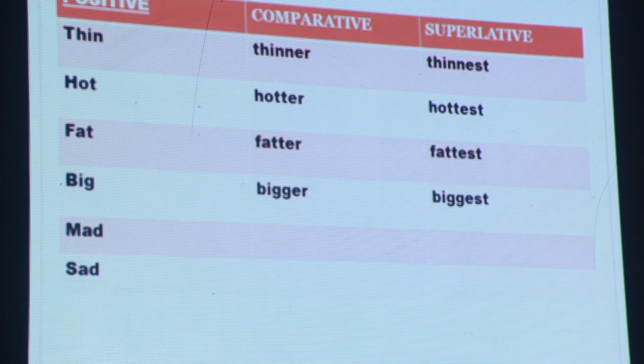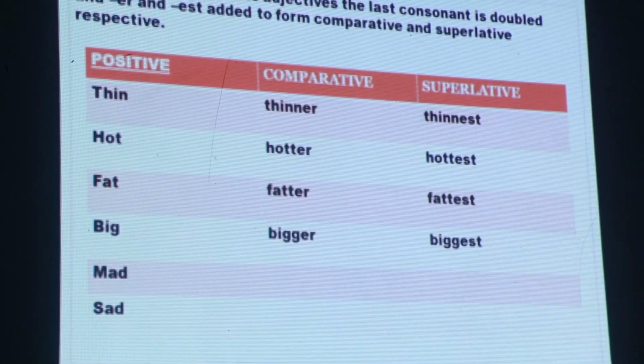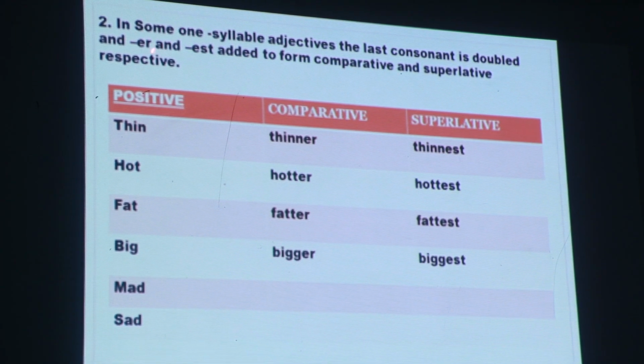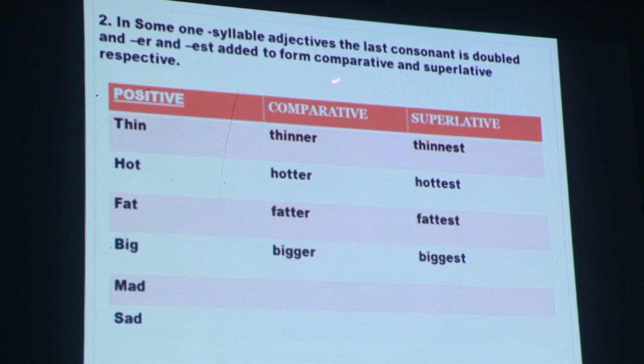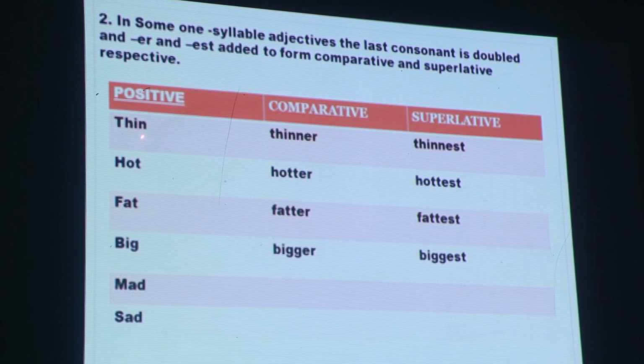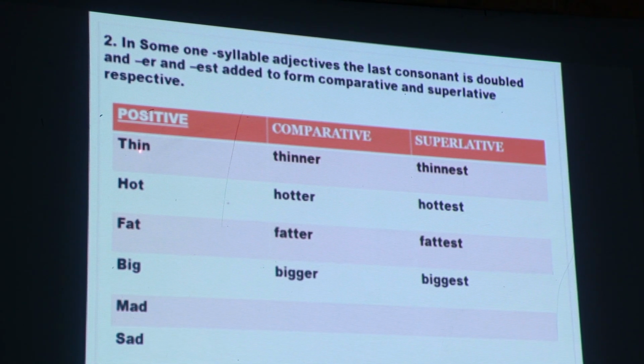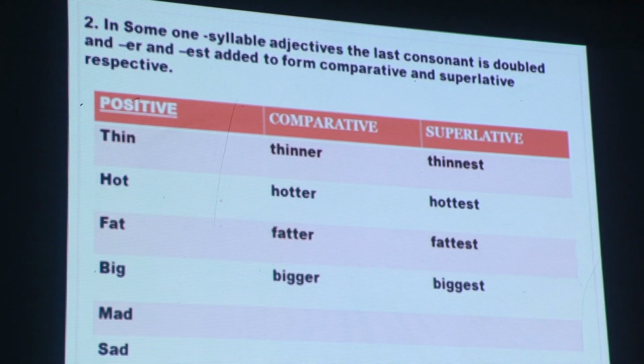Our second rule was saying that for 1 syllable adjectives, you're going to double the last consonant, and add er for the comparative and est for the superlative. As you can see in this sentence, this is the last consonant. This word is a 1 syllable adjective word because it has 1 vowel sound, thin, the e there.